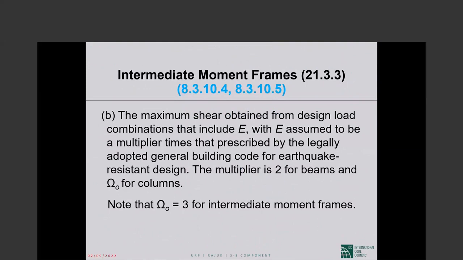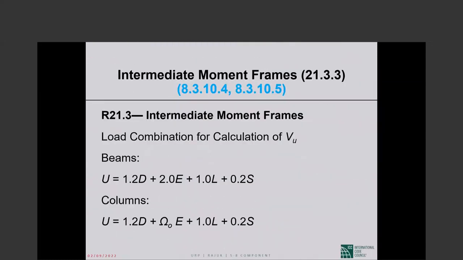For special moment frames, you don't have a second choice, but for intermediate moment frames we have another way we are allowed to go. If we don't want to calculate shear based on nominal moment strengths, we can go by item B, which says the maximum shear obtained from design load combinations that include E, with E assumed to be a multiplier times, well, I think the language is.